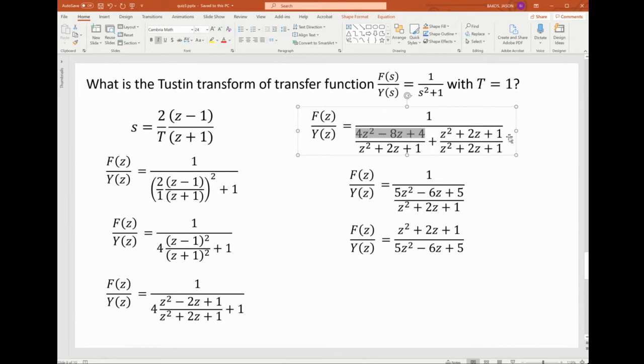Then you add the two numerators together, which gives you 5z squared minus 6z plus 5. Then you take the denominator and bring it up to the numerator, and you end up with z squared plus 2z plus 1 divided by 5z squared minus 6z plus 5. So just be careful when you work these out. I'm famous for making arithmetic mistakes when I do these. Don't be like me.